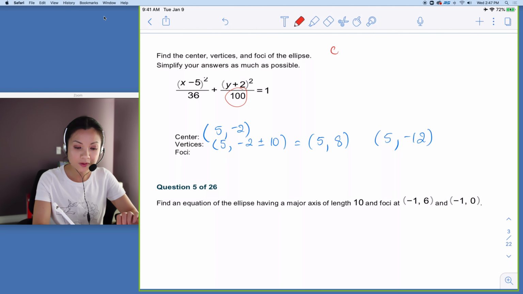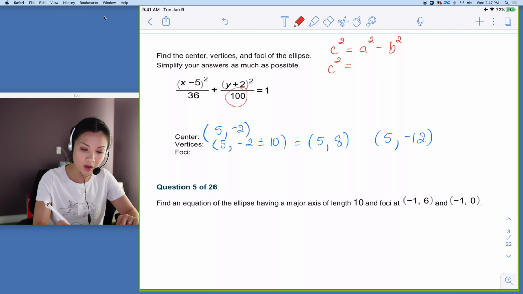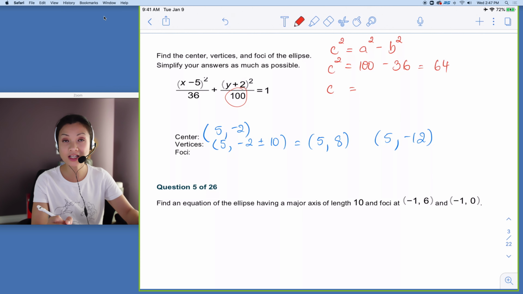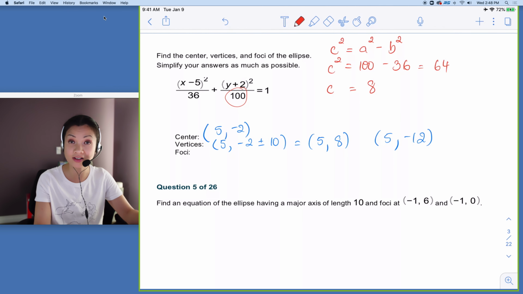What we know about c is c squared is going to be a squared minus b squared. So in this case, c squared is 100 minus 36, which is 64. So c is going to be plus and minus 8, but because c is the distance, I'm just going to write the positive one.